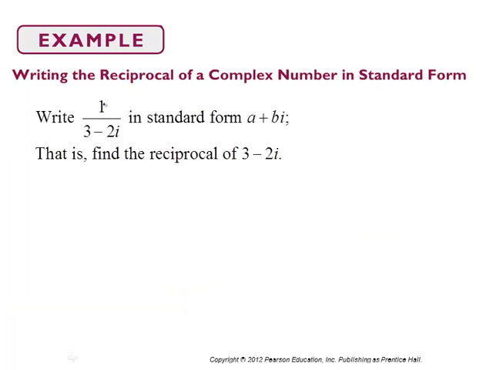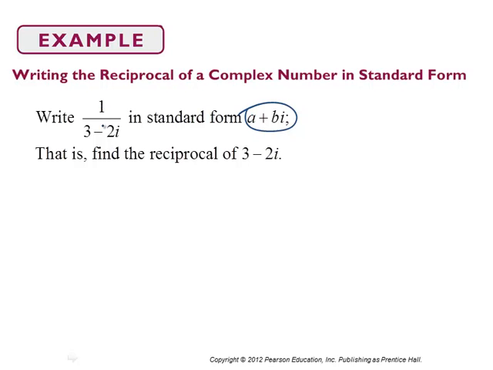Now, if you have a fraction with a complex number in the denominator, we need to simplify it so that this complex number is going to be written in this form. Now, this discussion is similar to rationalizing denominators.